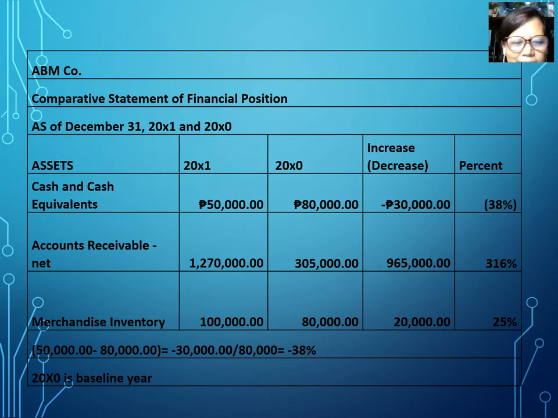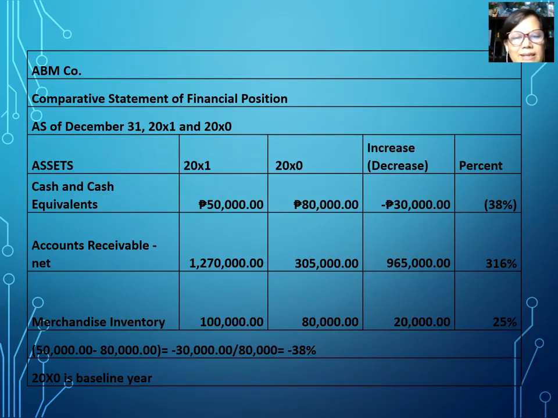So, what is our takeaway in this computation of horizontal analysis? The base year or the earlier year is to be deducted from the current or later year.